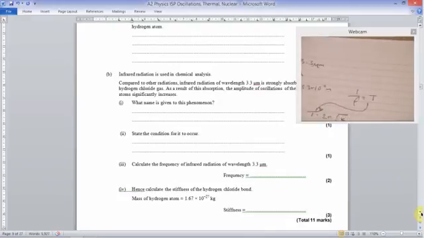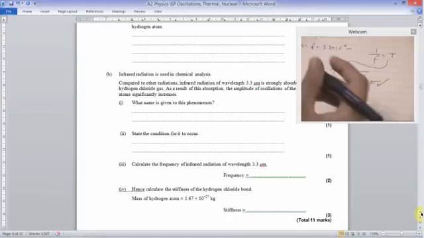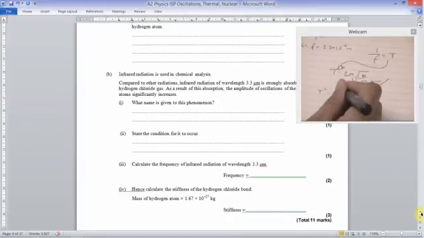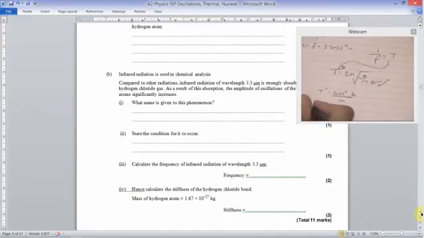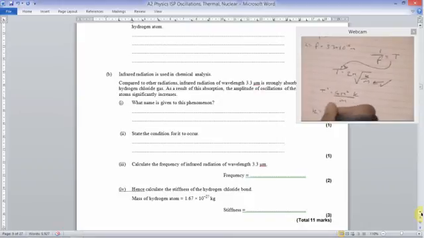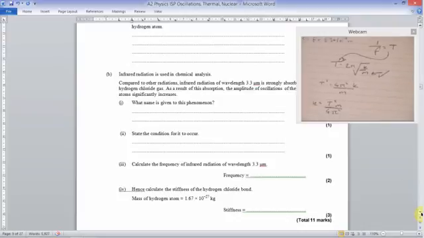If you're a bit unsure of rearranging for k, I'll go through that with you right now. T squared is going to equal 4 pi squared m over k. So therefore k is going to equal T squared m over 4 pi squared. So that's your rearrangement for k.